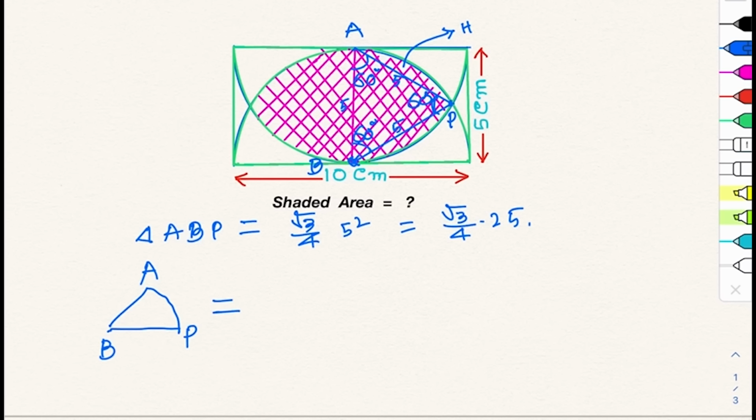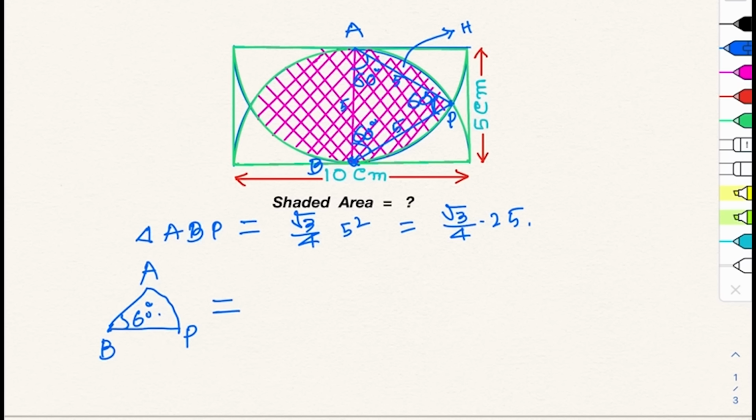So a 60 degree angle forms an area of the circle that is 1 by 3 of a half circle, isn't it?